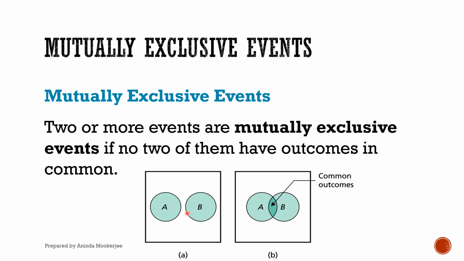There's no commonality. So you can either be absent from class or you can be present in class. You cannot be absent and present at the same time. Those two events are mutually exclusive. Either you are sitting in class or you are absent from class, right? That kind of situation is considered to be mutually exclusive.